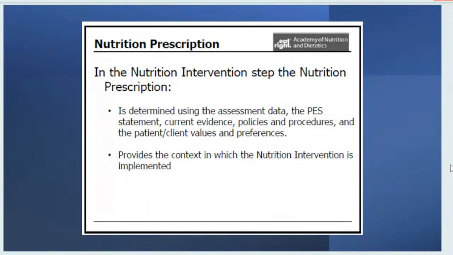Usually it is determined using the assessment data, the PES statements, the current evidence and policies and procedures, and then the patient preferences.